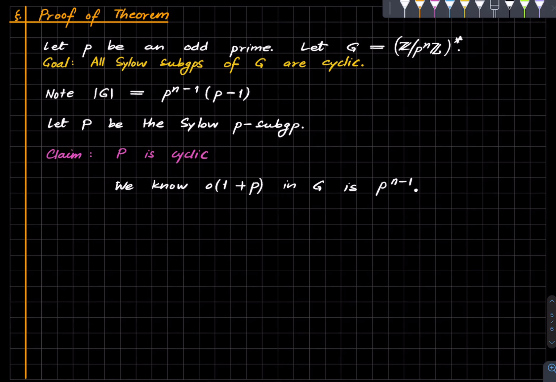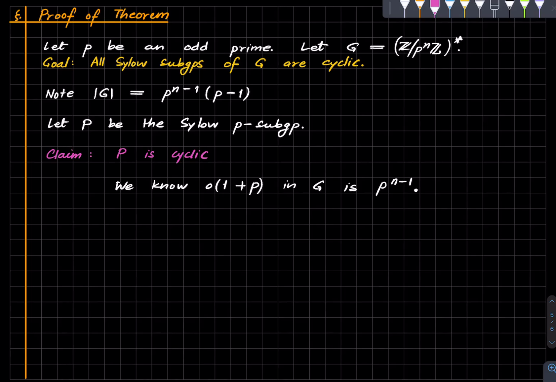That's the proof. The subgroup generated by this element is a subgroup of this size, and hence it has to be P, because there is a unique Sylow p subgroup. Any subgroup of this size in G is a Sylow p subgroup, but since there is only one Sylow p subgroup, the subgroup generated by this element is capital P, and hence capital P is cyclic because it has a generator. So that is fine.